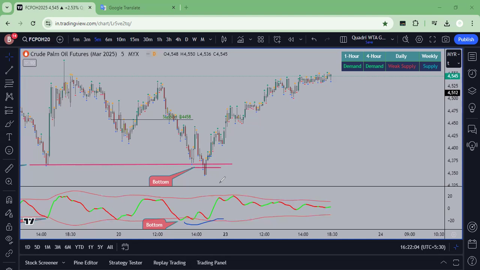Because for the green candle, there is a space between the green candle and the red line, a few points apart. I'm talking about this one, not that one, because that one is not a demand candle. This is a demand candle.